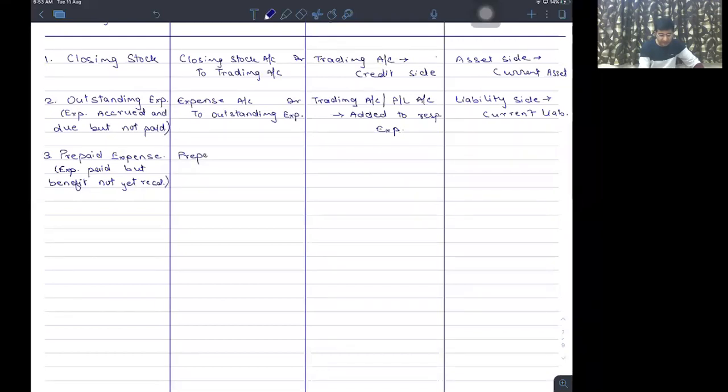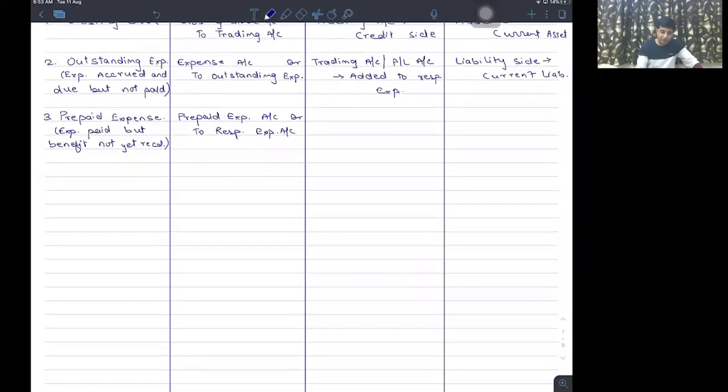Therefore, the accounting entry will be what? Prepaid expense account debit to respective expense account. All right. And how will it appear in the final accounts?